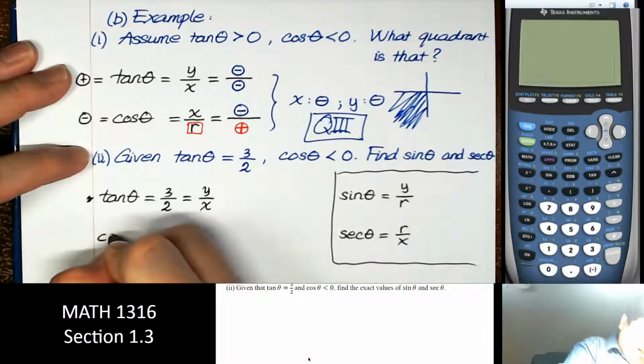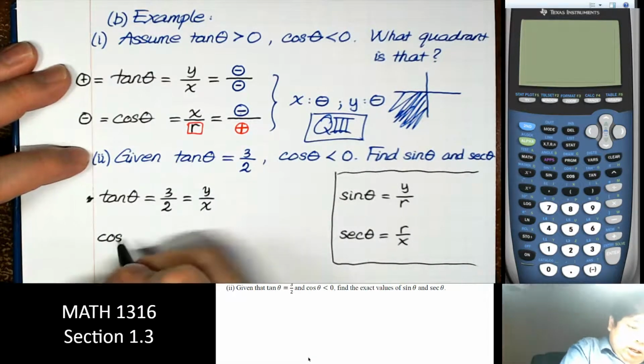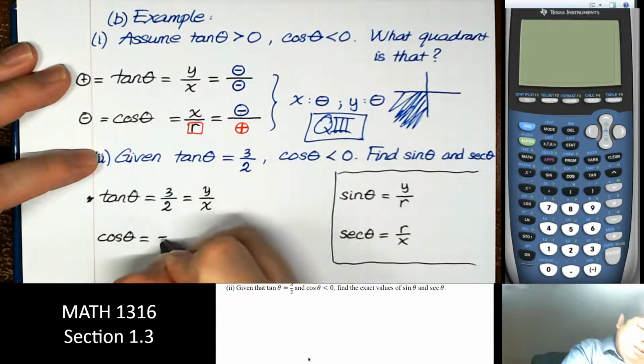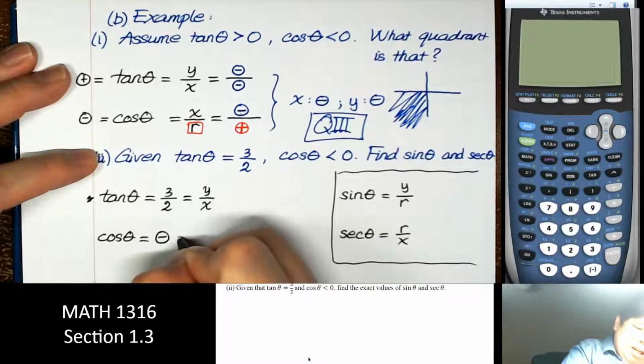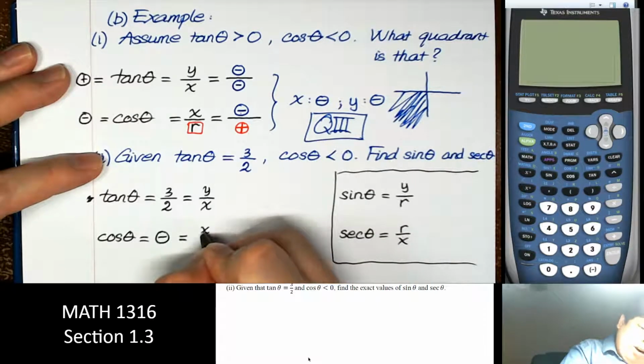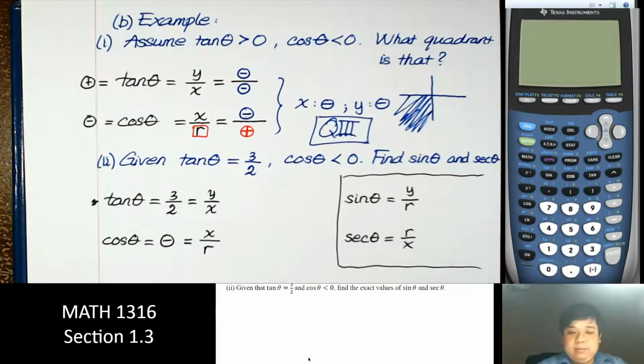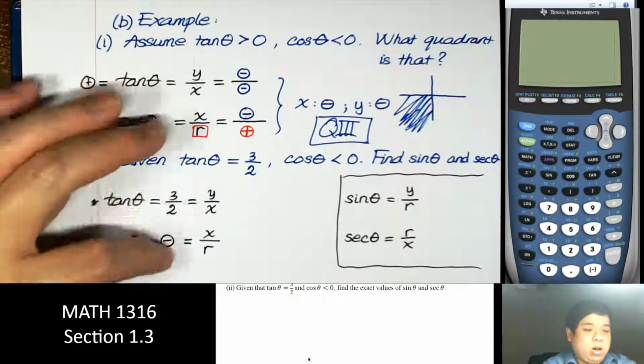Cosine, we don't know, but it is negative. And cosine is x over r, right? So that's what the question gives us.